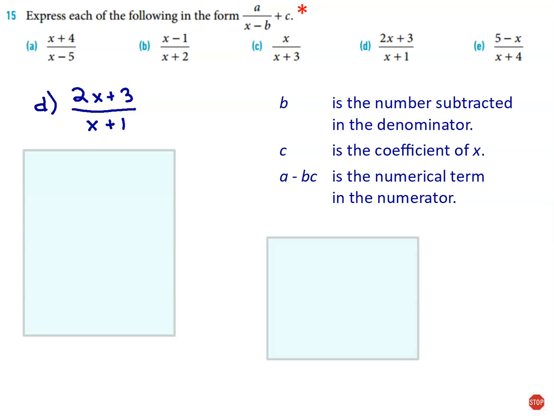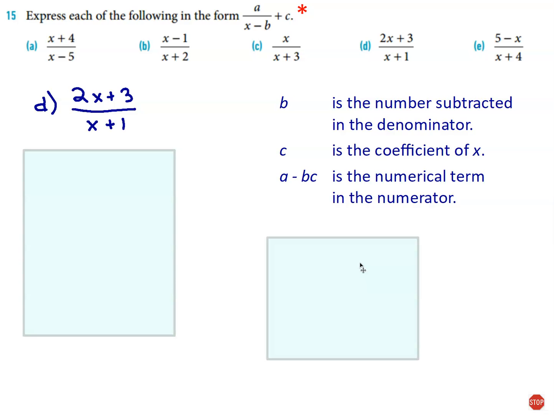Question D. Write that expression in that form. And I've been really nice to you, and I've given you the method or the results that I worked out on the previous page. So pause the video, have a go at doing question D, and then I've also done question E down there. So you might want to try both of those.